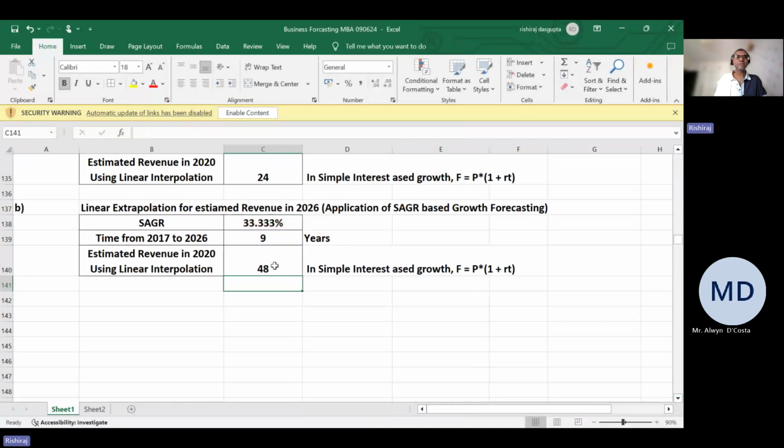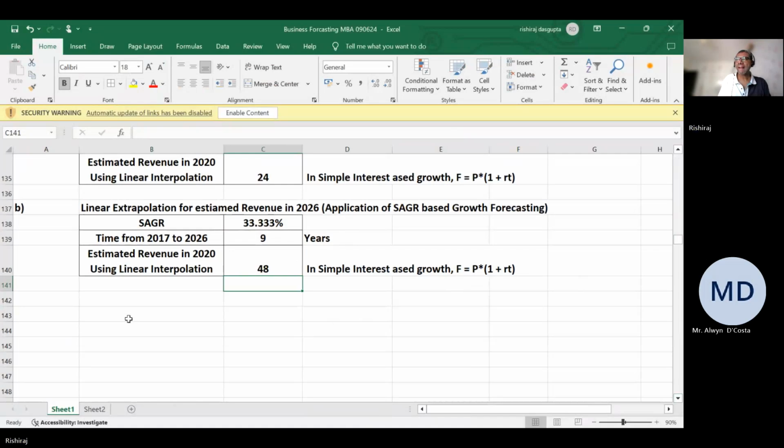So this is 48. So using linear extrapolation from 12 crore, we are getting 48 crore. So 12 crore at the same rate will grow to 48 crore. So this is linear extrapolation and linear interpolation.